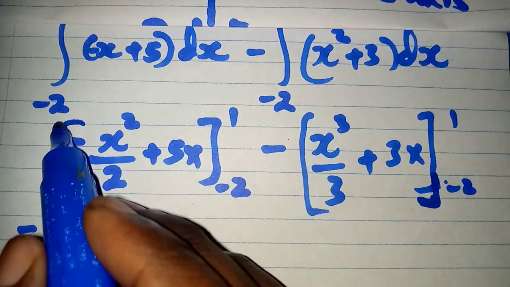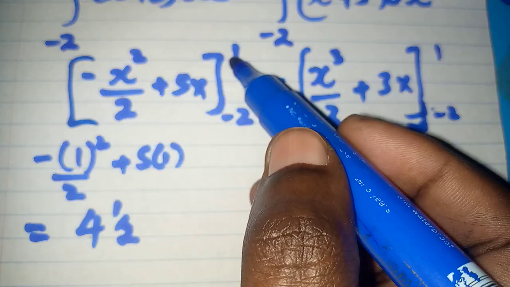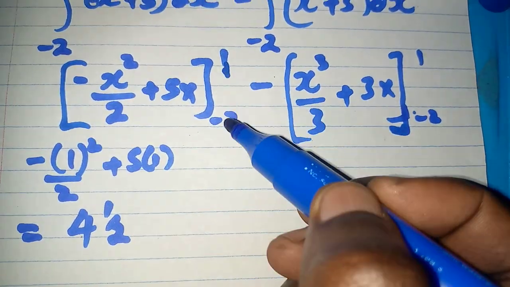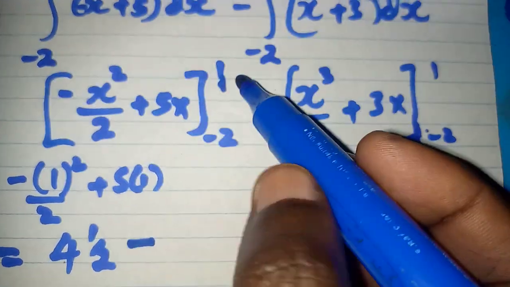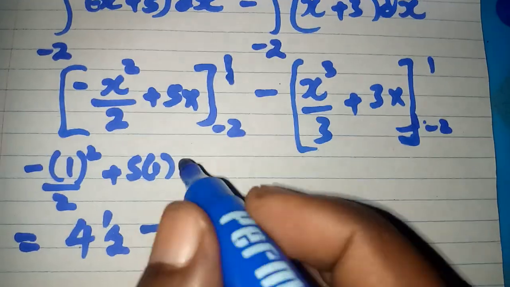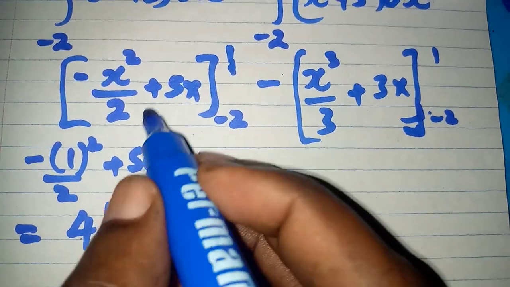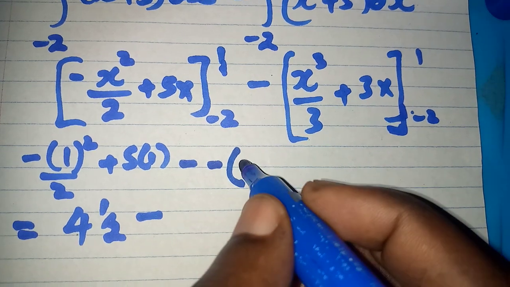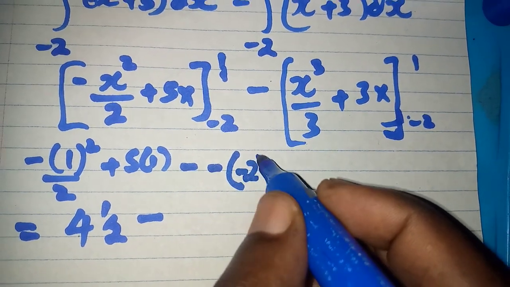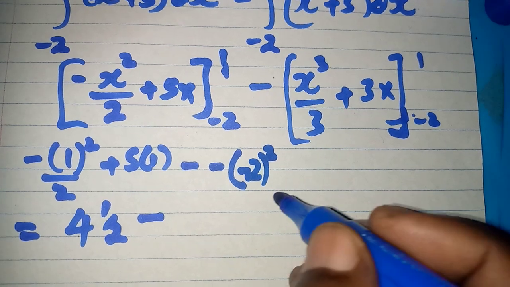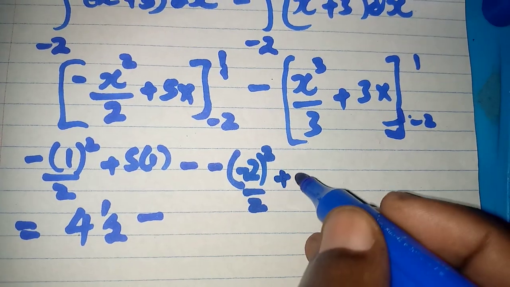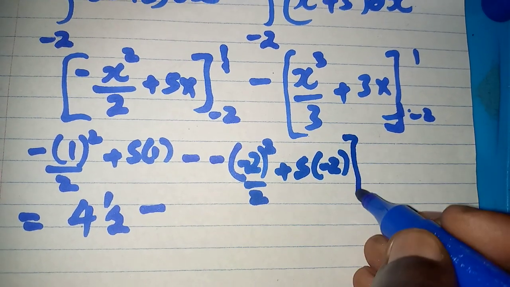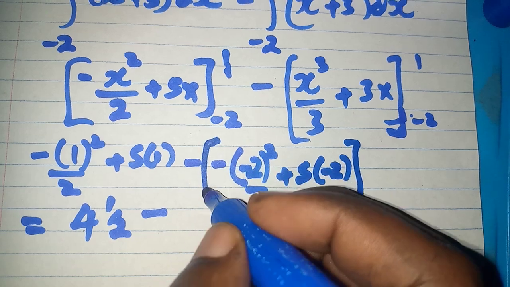For this side, I had just substituted 1. Next I should subtract when I substitute negative 2. So I'm going to have negative of minus 2 squared over 2 plus 5 times negative 2.